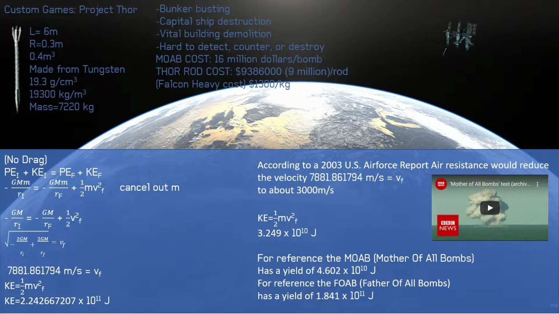And the reason they are in these long cylindrical, almost missile-like shapes is to provide as little cross-sectional area for air resistance as possible, because obviously dropping a sheet of paper from space with a mass of 7,220 kilograms is a lot less deadly than having an orbital lawn dart shot at you.